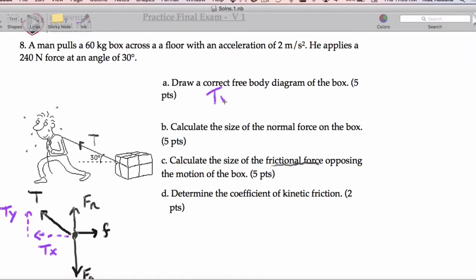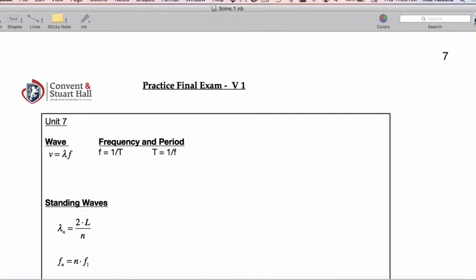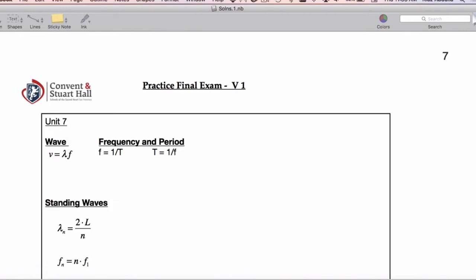So Tx, using vector notation, is going to be 240 times the cosine of 30 degrees. That's actually in your formula sheet, and you can find that all the way back here in vector definition 1. This is a vector v. This is the x component of that vector, and this is the y component. So you are expected to use those components on this test.